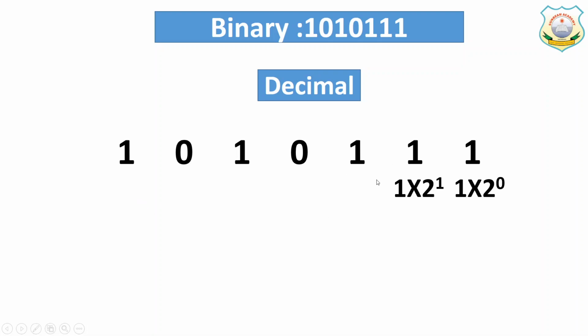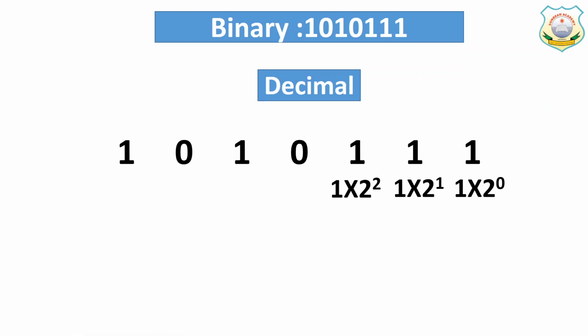Then I take the third number, again a 1, and I do 1 into 2. Why 2? Because I want to convert this back to decimal, so I take that base value 2. So 2 raised to, over here it was 0, 1, 2. So every digit we multiply by 2 to the power 0 to n.